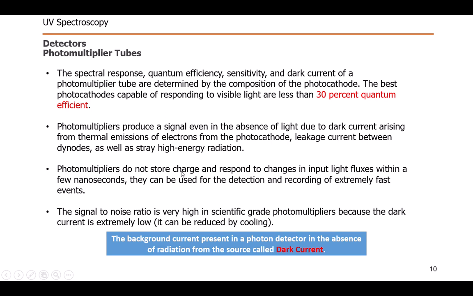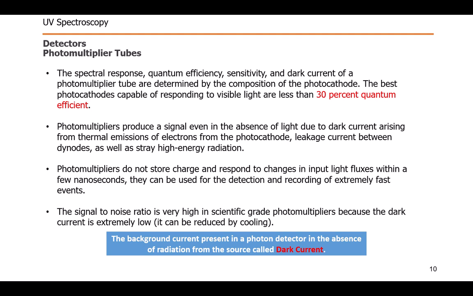Photomultiplier tubes do not store charge, so they are the best for giving a response in nanoseconds. They do not store the light or the charge, so whenever the input light flux is there, they give the electric current in nanosecond time.